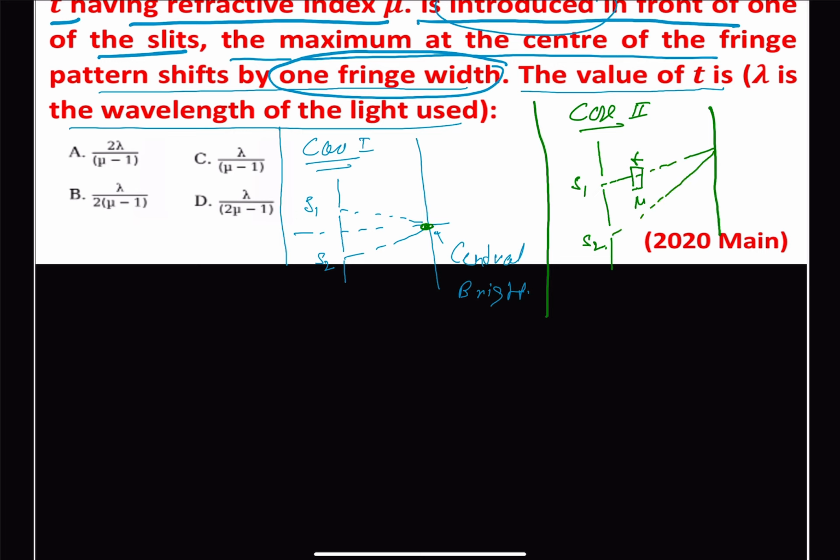Let us suppose this is point P, and this is our central point. Now this P becomes our central bright. Let us call the central bright as CB. So this P now becomes CB, and this shift is said to be one bright fringe. One fringe width is the shift.